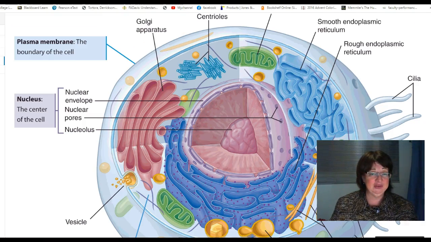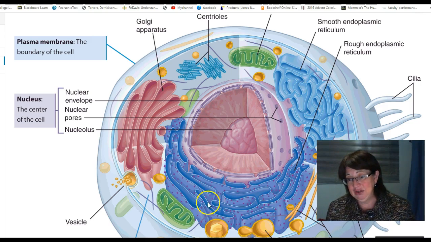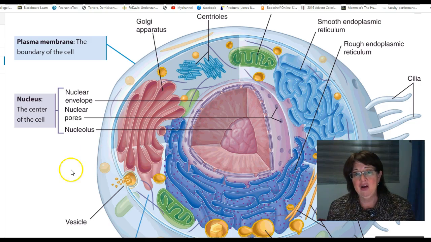And once they fuse with the cell membrane, they will then deliver the stuff to the outside. So here you can see the vesicles from the endoplasmic reticulum form the Golgi apparatus. The Golgi apparatus will then send off vesicles. These vesicles will then fuse with the plasma membrane to put the nutrients outside.